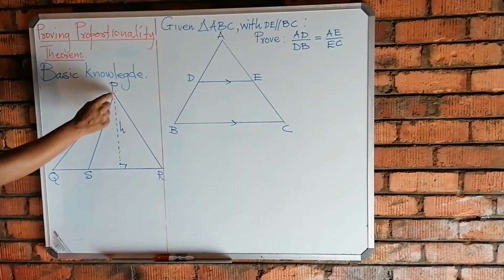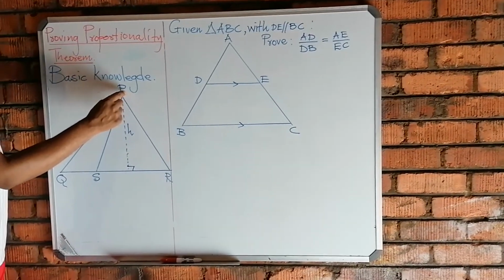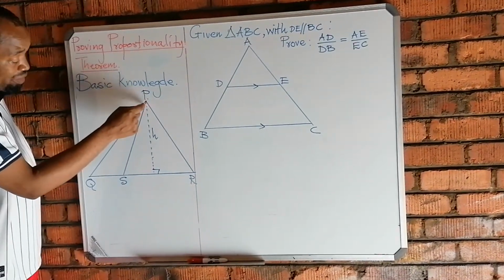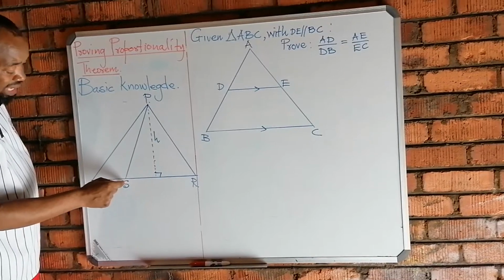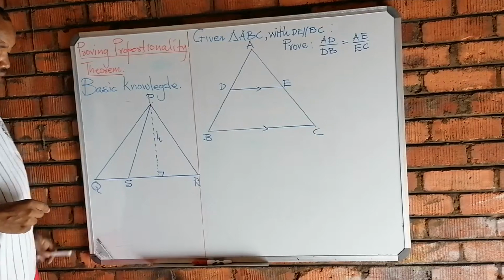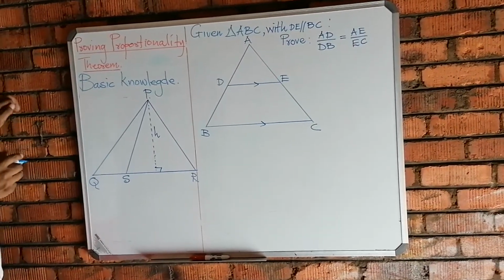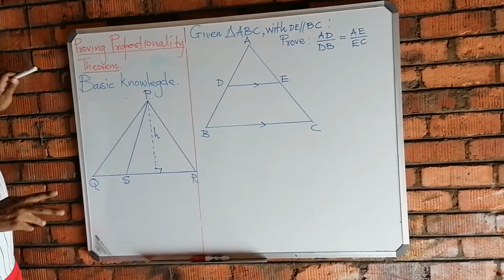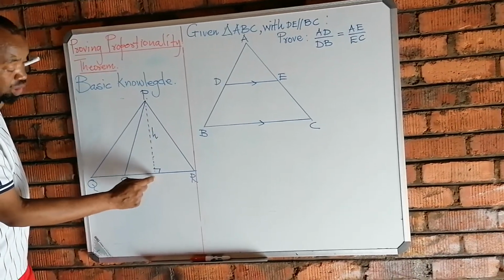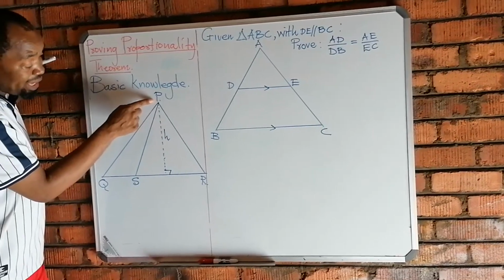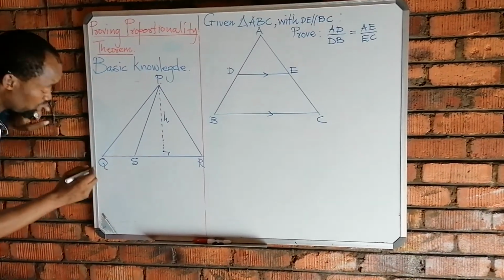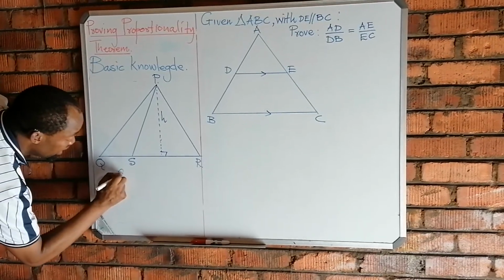But from the very same vertex, that is very important, same vertex P, we have drawn another triangle, which is triangle PQS. If you look at this now, we have two triangles with the same height, and those two triangles happen to be sharing a common vertex. Should be very careful about this.